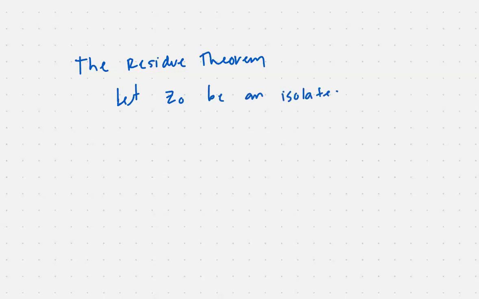Okay, so today we're going to discuss the residue theorem. Now let C sub 0, let me write it, be an isolated point of the function f of z.